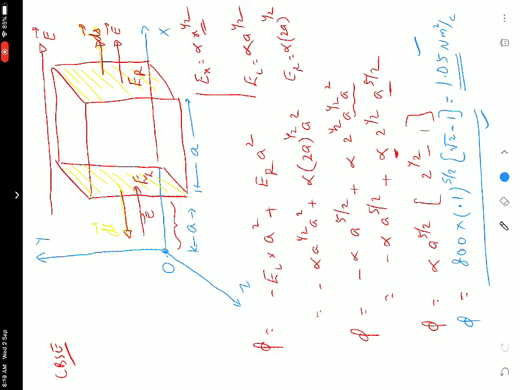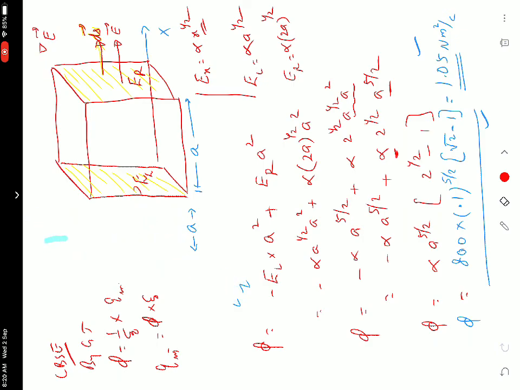And if there is any charge, how to calculate the charge? What is the equation to be used? So by Gauss's theorem, phi is equal to 1 by epsilon 0 q inside. So q inside is equal to phi into epsilon 0. Phi into epsilon 0, the value we are writing here. So this is equal to q inside.